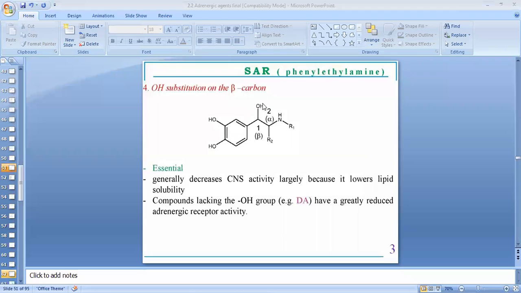See, the presence of a hydroxyl group will give polarity to the drug molecule, so it decreases lipid solubility and decreases CNS activity. So compounds lacking the hydroxyl group have greatly reduced adrenergic receptor activity. This is a must, this is essential. And if this is absent, it is going to reduce the adrenergic receptor activity.